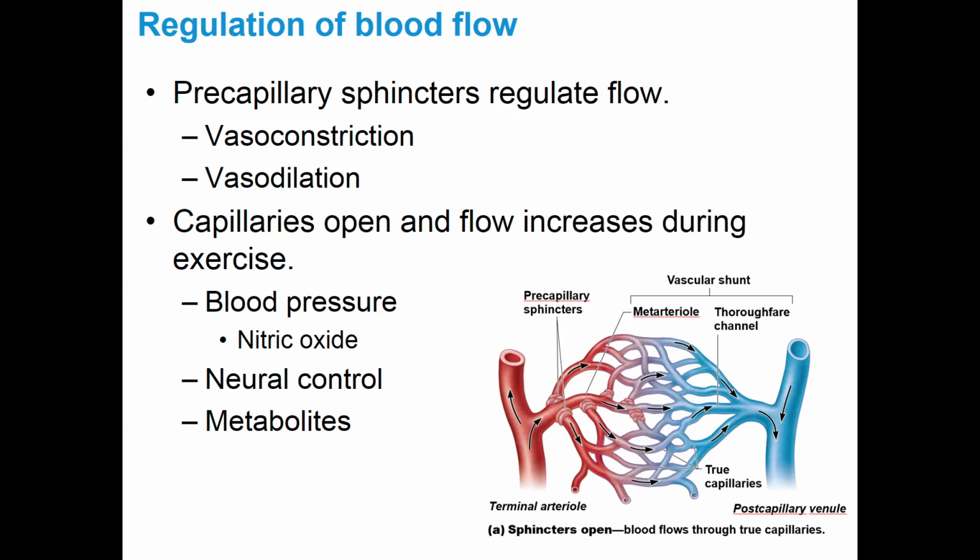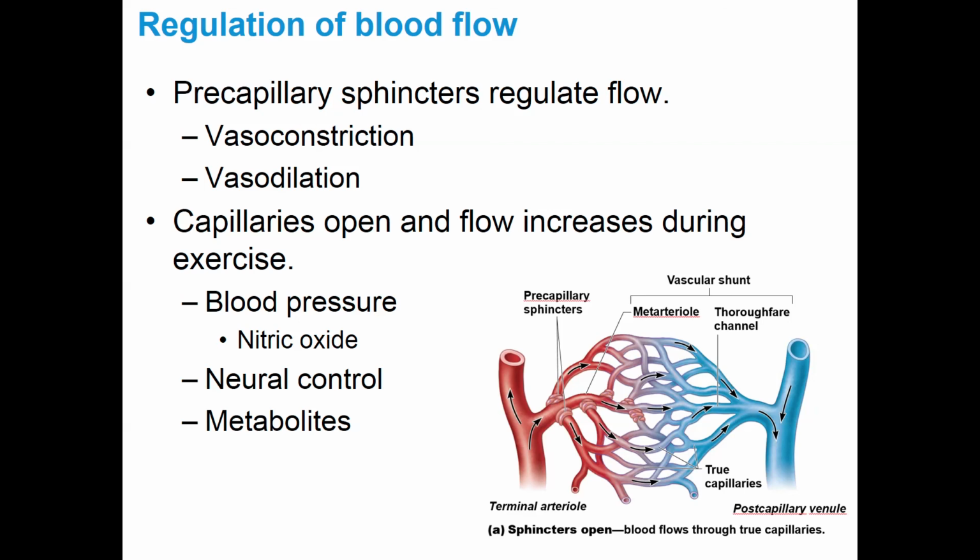The other thing on there is that blood pressure also causes a relaxation of smooth muscle. So in those endothelial cells and in the underlying smooth muscle, you have nitric oxide. As blood pressure increases, that's obviously going to stretch the arteries, and that stretching of the arteries causes the release of nitric oxide, which then has the effect of relaxing that underlying smooth muscle, and so you get vasodilation in response to that.